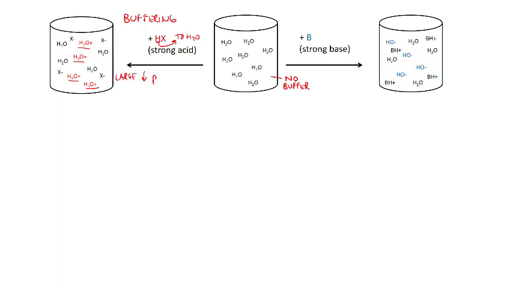In this case, it would be a drop in pH. Alternately, if we added a base, the base would pick up a proton from water, and we would end up forming hydroxide. So in this case, we would have a large rise of pH.